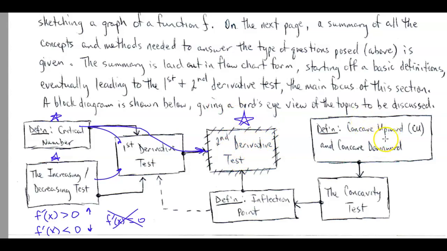Okay. Now, on the other side here, we see that we have these definitions of concavity. And again, we are going to talk about what this actually means on the next page when I get to it. But this basically is just a shape of how your graph may look based upon the second derivative of your function.